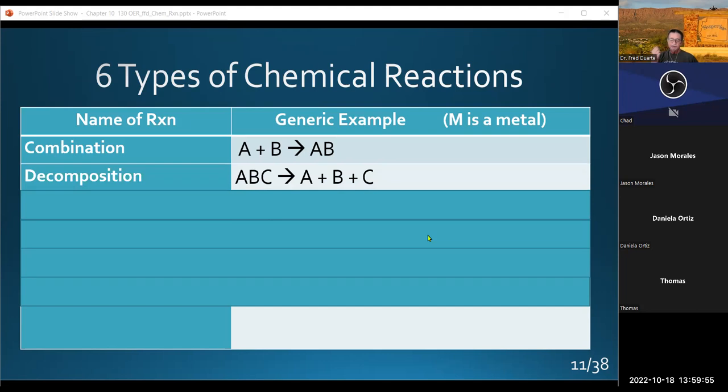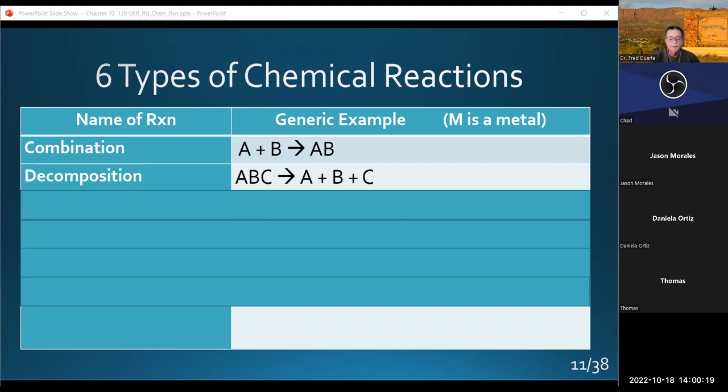A decomposition is basically the opposite of a combination reaction. You take a species, which is a compound, and you do something to it, and you create the respective new compounds. Most of the time, you convert them back to the elements they were made from.